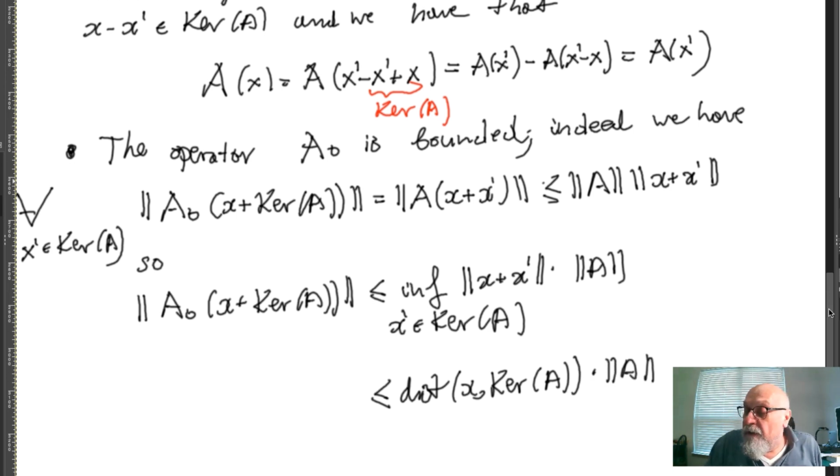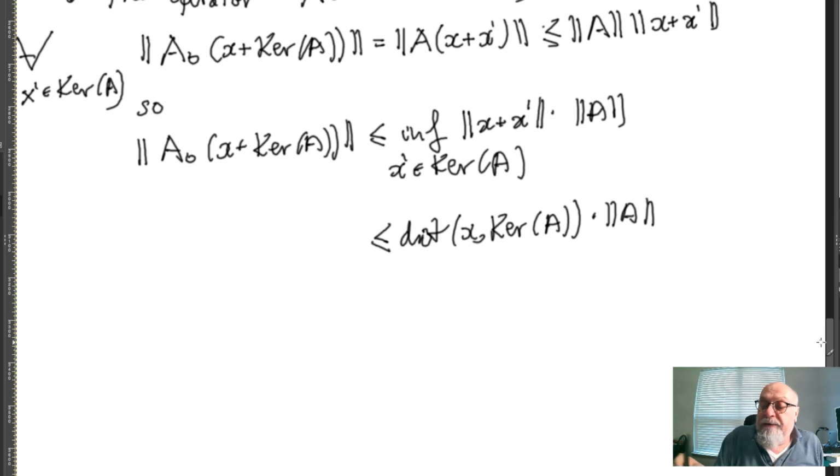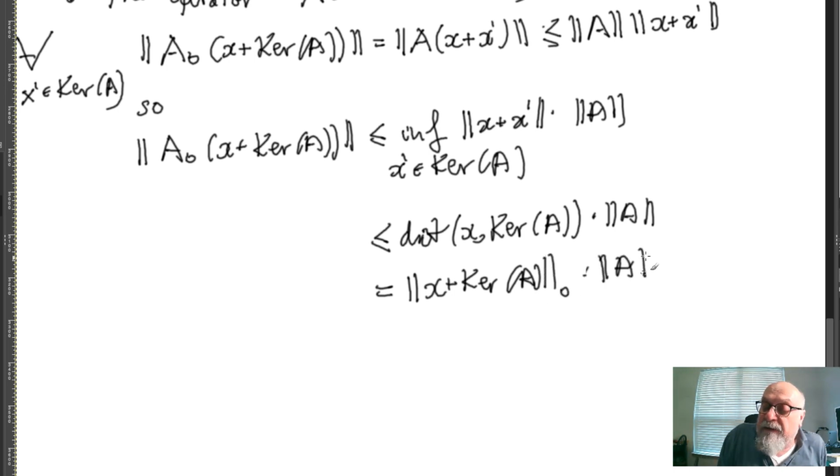Okay, so let's continue, and that's the norm of this x plus the kernel of A in the quotient space, so put here 0 times A, and that implies, yes, indeed, this is a bounded operator.